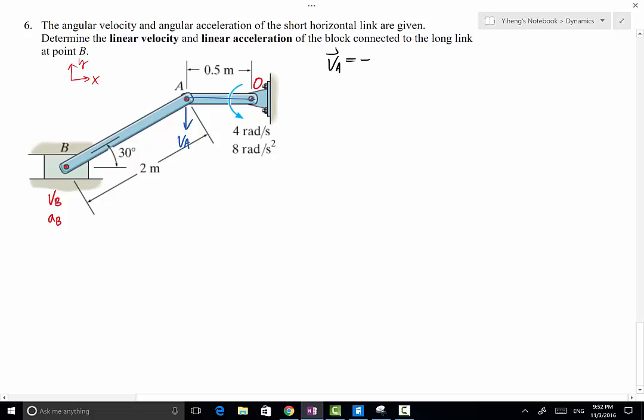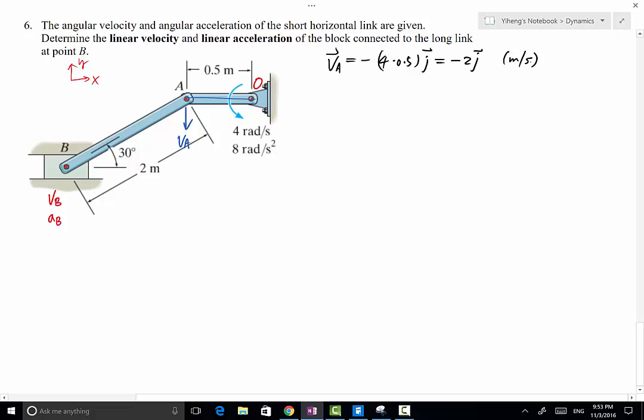The magnitude is determined by omega, so VA equals omega AO times the radius RA, both in scalar. So that will be 4 times 0.5 along the J direction. So that equals negative 2J in the unit of meter per second.